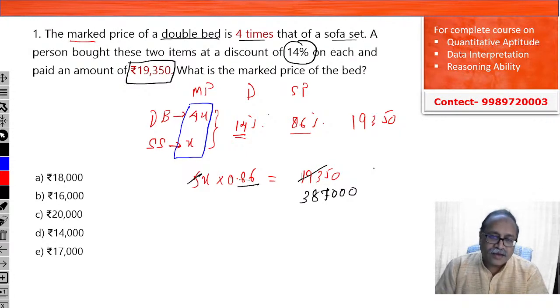Okay, 18k. So that is 5x, 86% is 19,350.